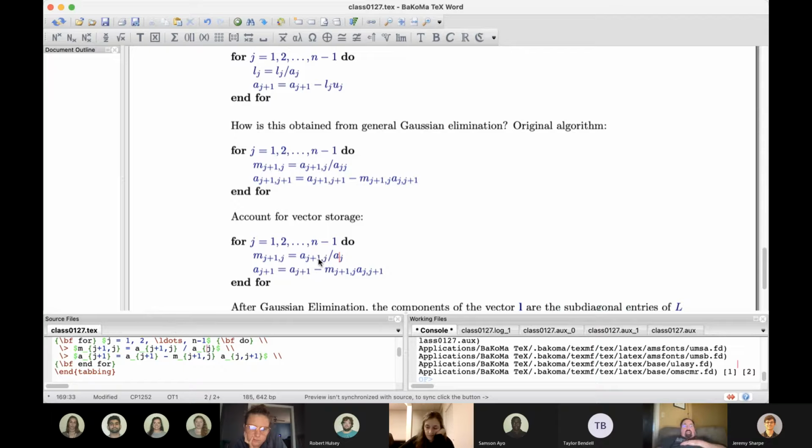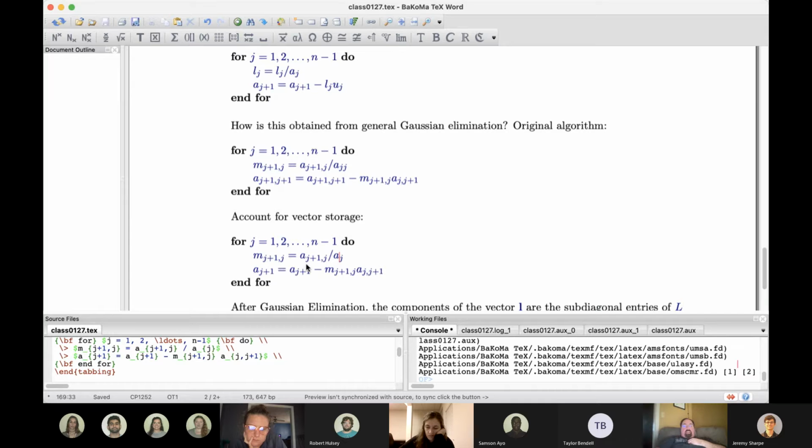Now, any place where we have a row index greater than the column index, that is a subdiagonal entry. Remember, row index greater than column index is always in the lower triangle.